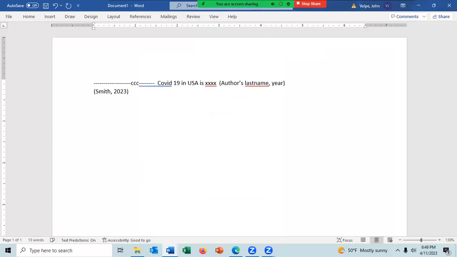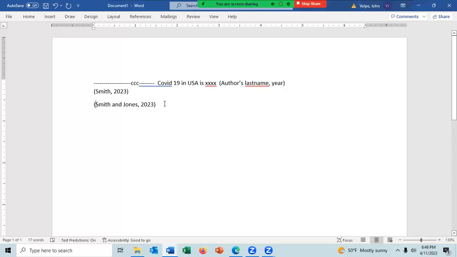If it's more than one author, you go Smith and Jones. Use both of their last names and then give the year. And that should be in parentheses. Generally, it should be in parentheses.